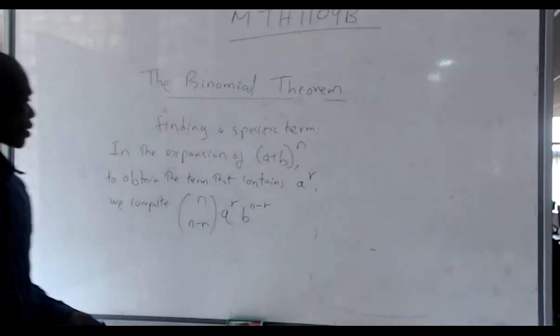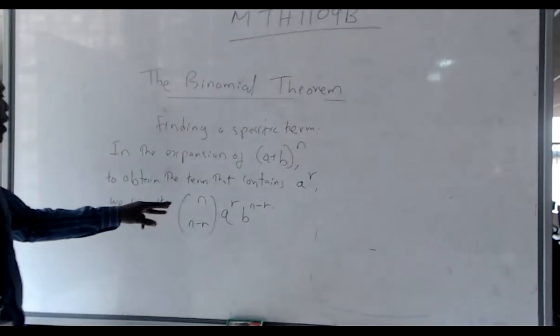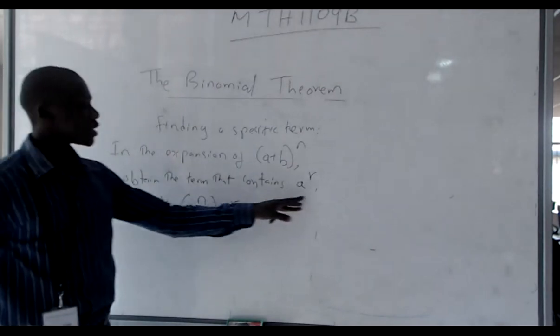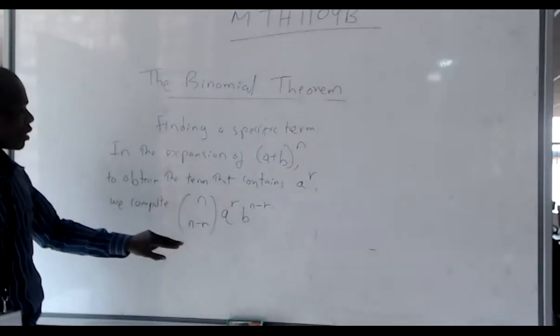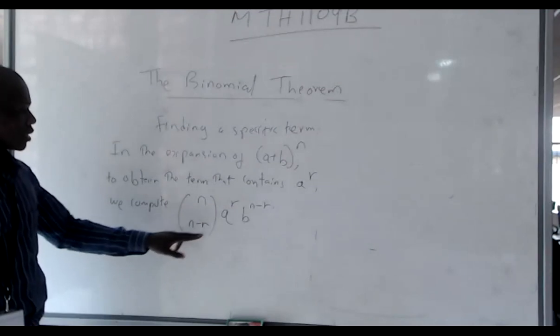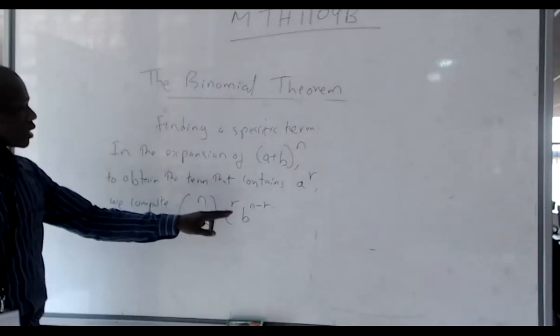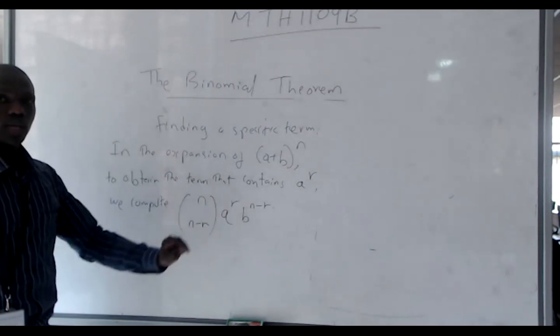So if you are asked to obtain a term that contains A to the R, you only need to compute N combination (N − R) times A raised to R, B raised to (N − R).